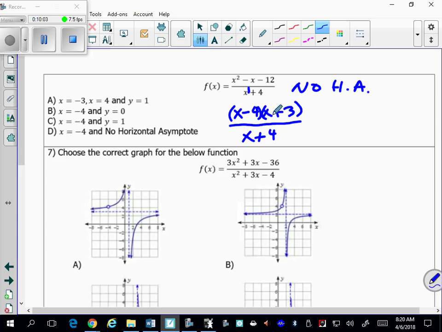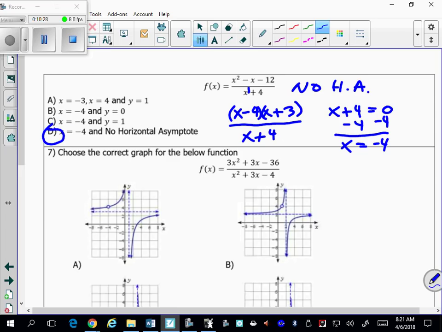So then the next thing we look for is what will make the denominator 0, which is in the factors. We only have one factor in the denominator, x plus 4. What value of x would make that 0? So you just set it equal to 0, and that'll get you what makes it equal 0. So x equals -4 is the vertical asymptote, and then there's no horizontal.